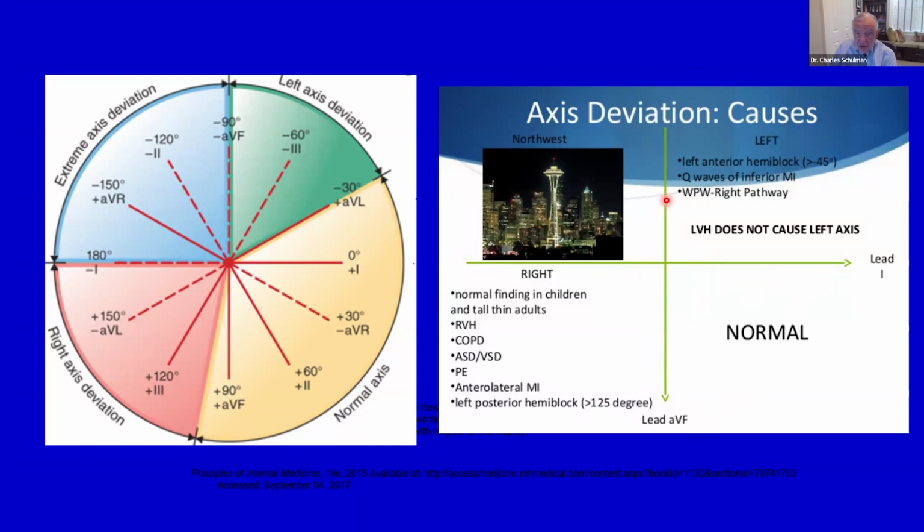Once you look in those 2 leads, you can figure out where the axis is, whether it's normal, right, left, or called various things: extreme axis deviation, no man's land, or northwest axis. That's a picture of the Seattle Space Needle, which I think is a lot closer to you folks than I am.